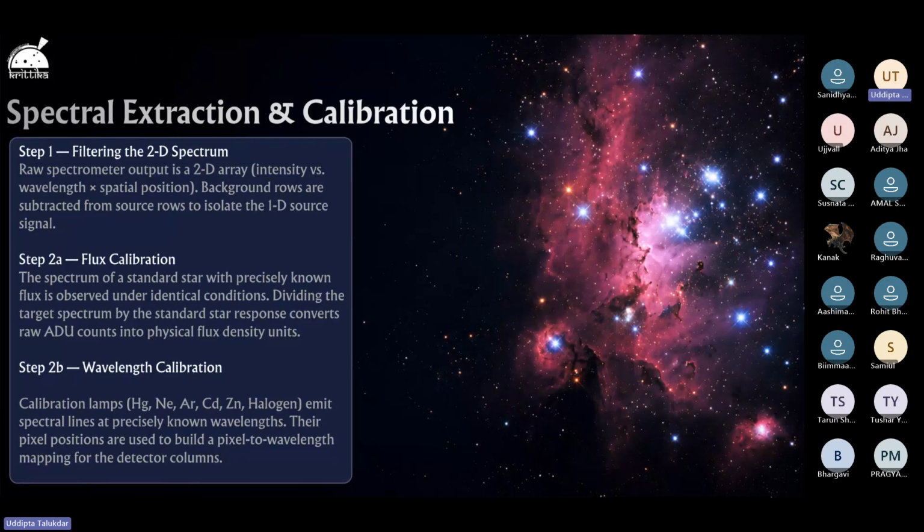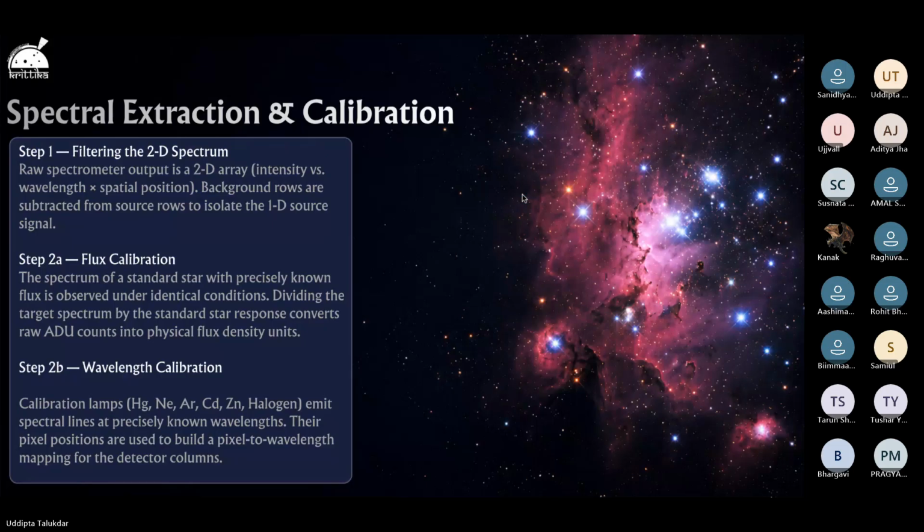So remember from the last slide, the spectrograph outputs a 2D image where one direction is the wavelength and the other direction is the spatial position, where on the slit it is. So our star appears as a bright horizontal stripe with sky background rows above and below it.